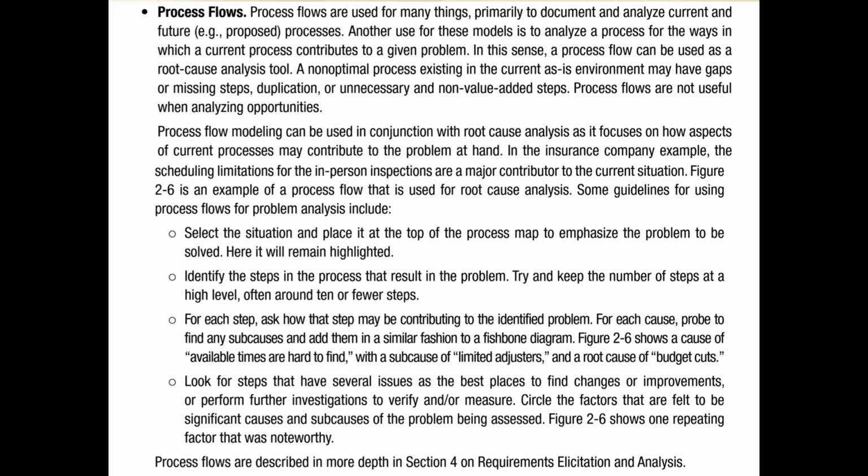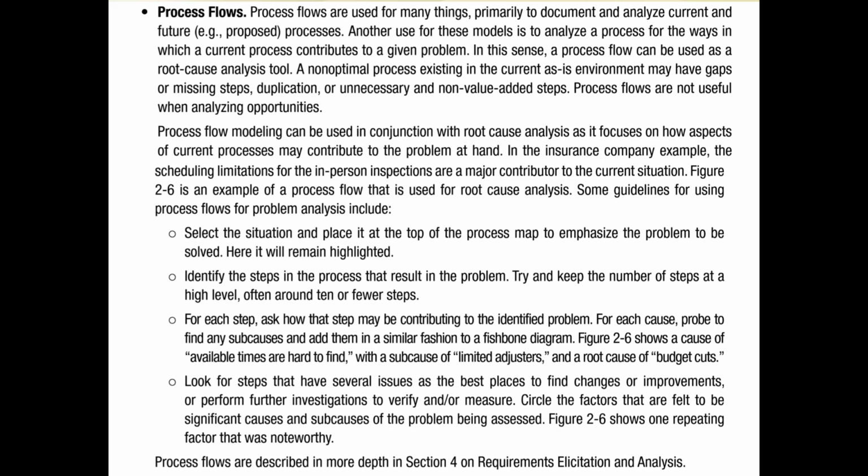Process flows are used for many things, primarily to document and analyze current and future states. You see, when we do the business process re-engineering, we create a process flow diagram for how the organization currently works. That is, as is process flow diagram.